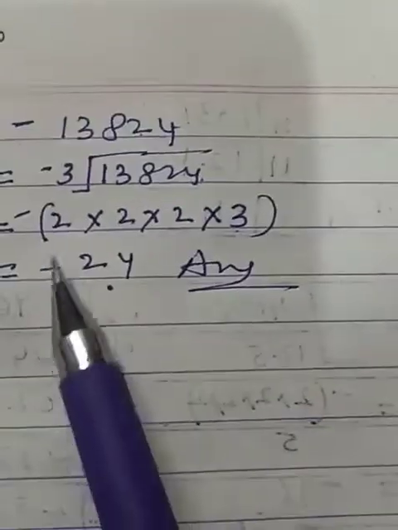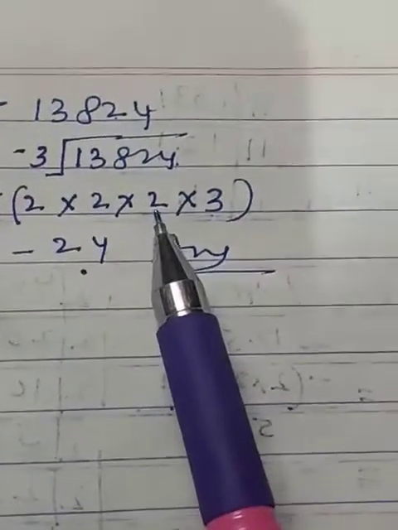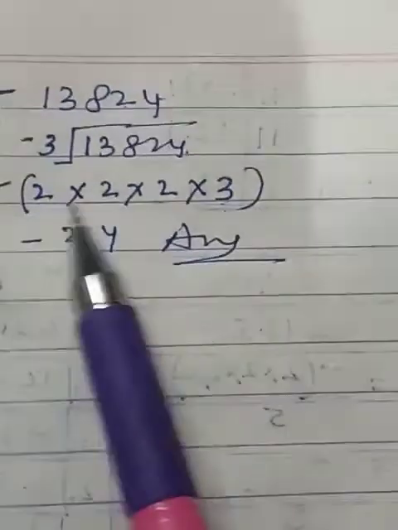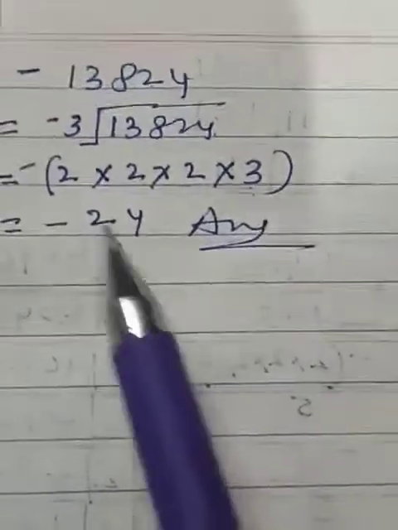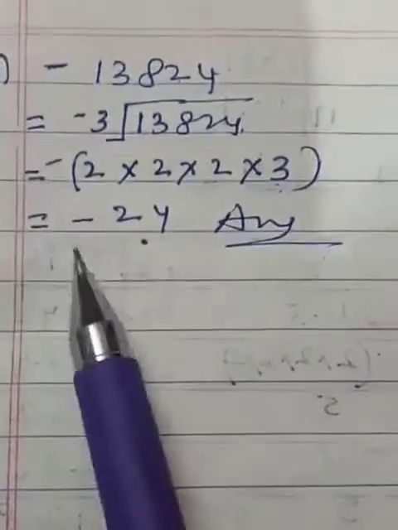Now here we write all cubes: 1, 2, 3 and again 3. 2 twos are 4, 2 twos are 8, 3 eights are 24. Minus 24 is the answer.